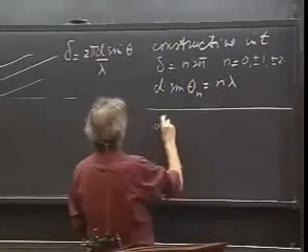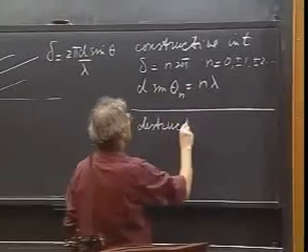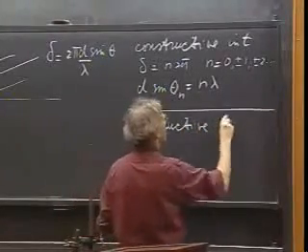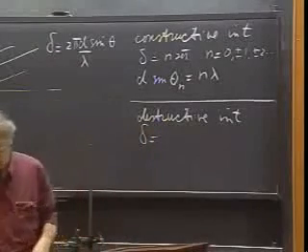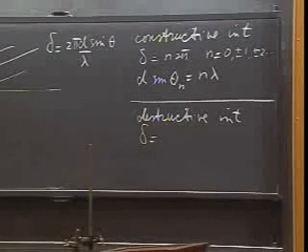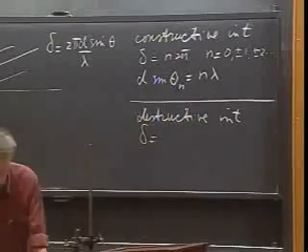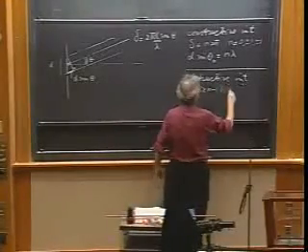And now we can write down the condition for destructive interference. So now you want that delta is pi, 3 pi, 5 pi. So now you have delta equals 2n minus 1 times pi.